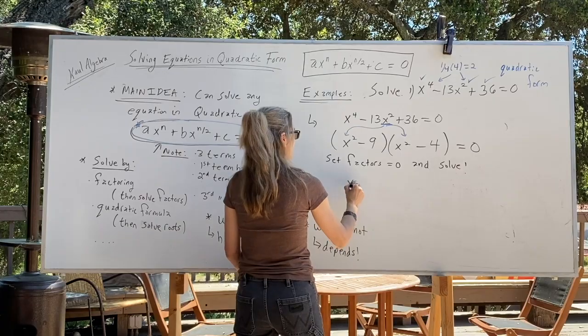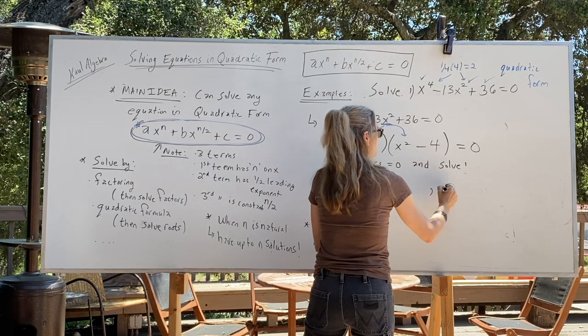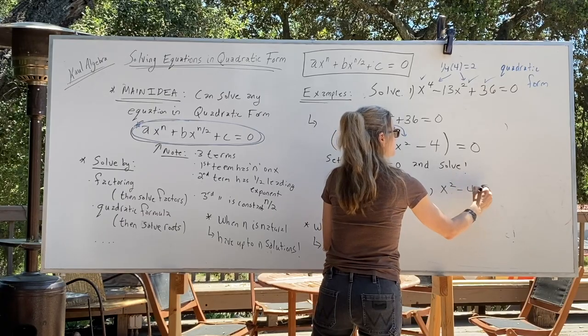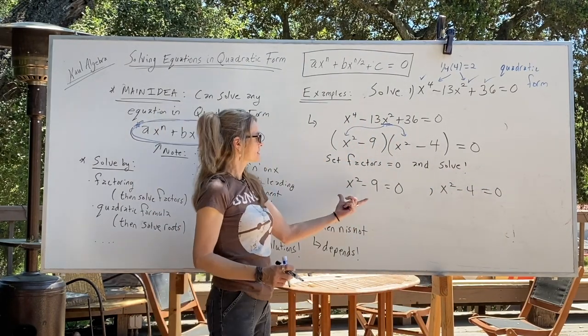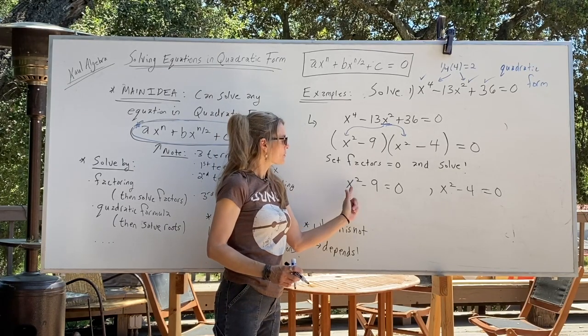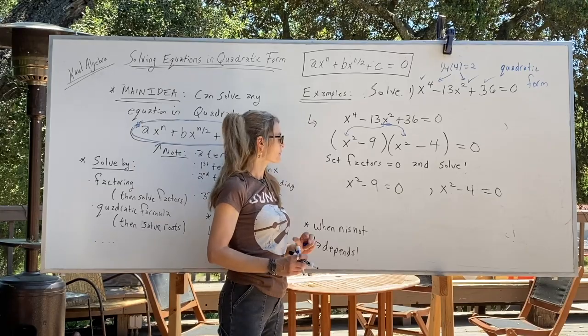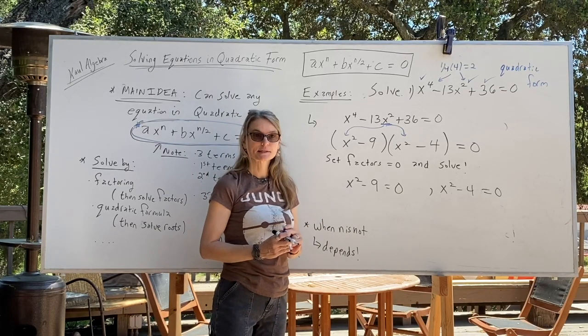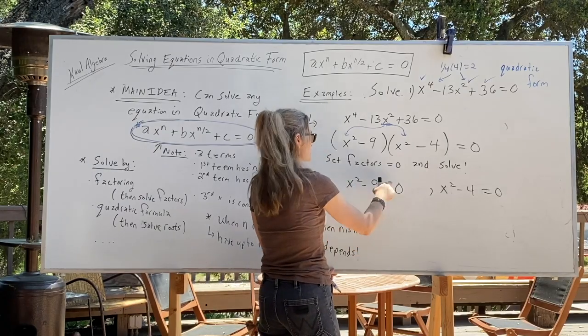So here I have x squared minus 9 equals 0, and then I have x squared minus 4 equals 0. All right, so typically in a quadratic, I just bring my number over and I'm done. I've solved for x, but here I have x squareds. So there's a little extra step involved. So now I want to solve each of these.